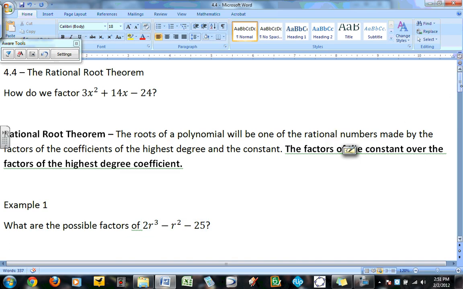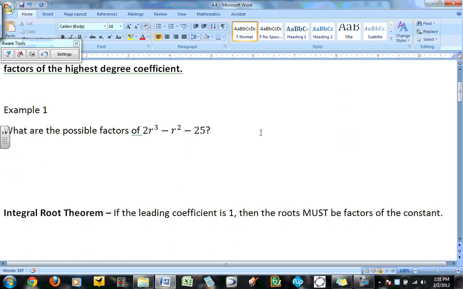So the possible roots of these are going to be the factors of the highest one and the constant. So the factors of my highest one are 1 and 2, all right? And the factors of 25 are 1, 5, and 25.